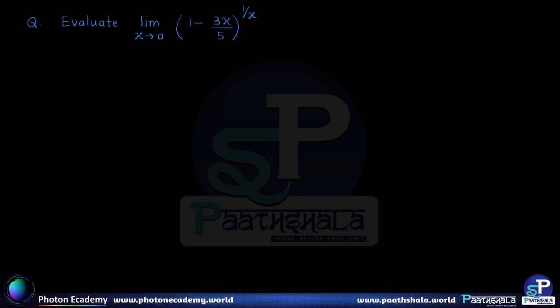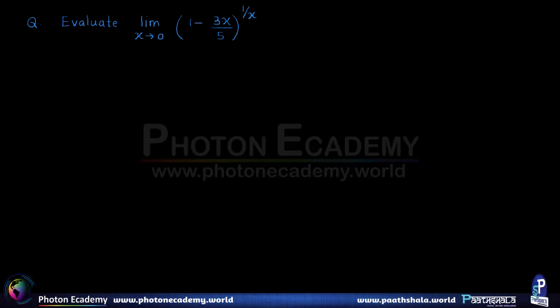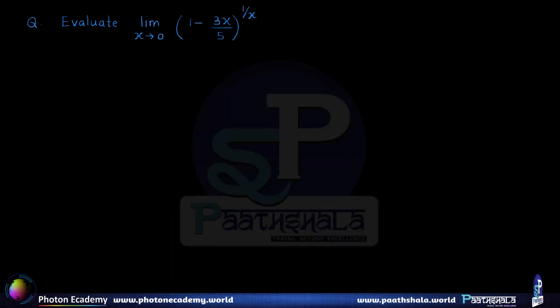Alright, here we have limit of (1 minus 3x upon 5) whole raised to 1 upon x as x tends to 0. So let us ask the question, which is the standard result which comes closer to this? So if we recollect, one result that we saw in the standard results is limit of (1 plus x) raised to 1 upon x as x tends to 0 is nothing but e, right?